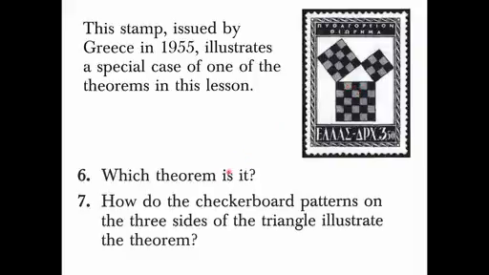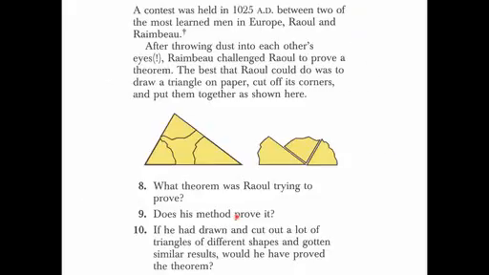So first of all, which theorem is it? And then an interesting question: how do the checkerboard patterns help demonstrate or illustrate the theorem? So work that one through. Problems 8 through 10 directly discuss the theorem that we saw in our lesson. They actually show you tearing those off. So read through this and answer those 3 questions.